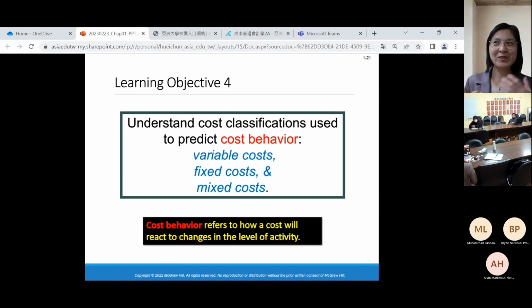Cost drivers, do you still remember? That is something that triggers the cost to change, to increase or reduce.